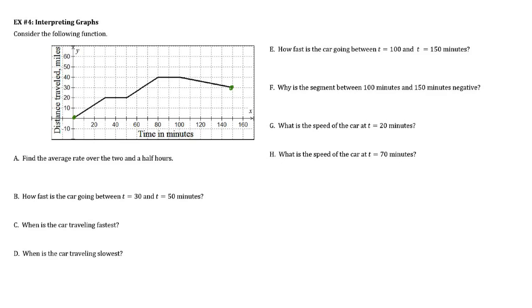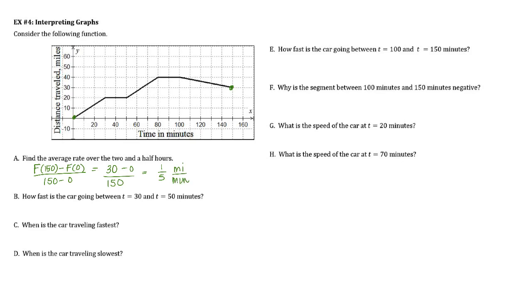We're going to have f at 150 minus f at 0 over 150 minus 0. If we read our graph, f at 150 is 30, minus f at 0, which is 0, and that's all over 150. So notice that we're going to get 1/5. And so what's going to be our units? It's going to be miles per minute.